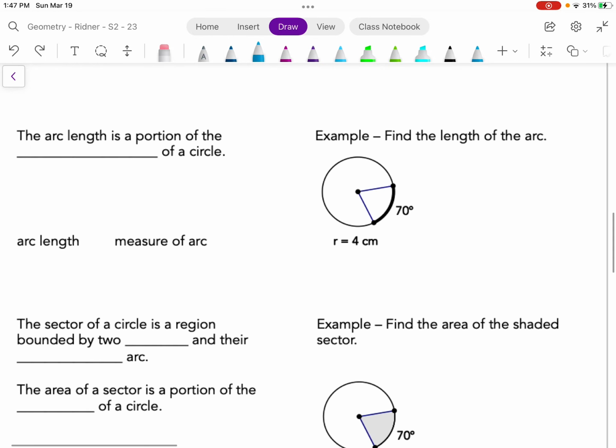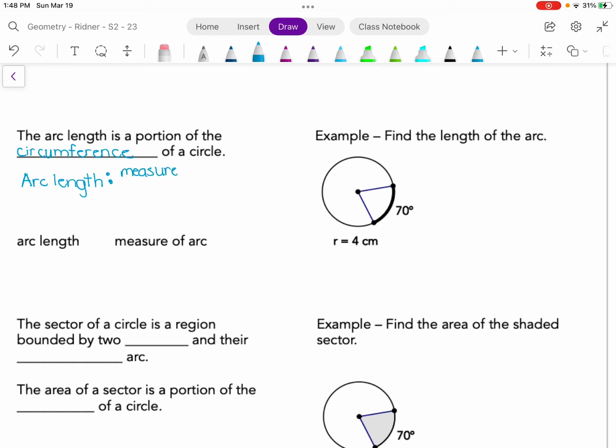So looking at the top here, the arc length is a portion of the circumference. So remember, circumference is kind of like the perimeter of a circle. The formula for arc length, which is very important. If you don't write anything else down, you need to write this.